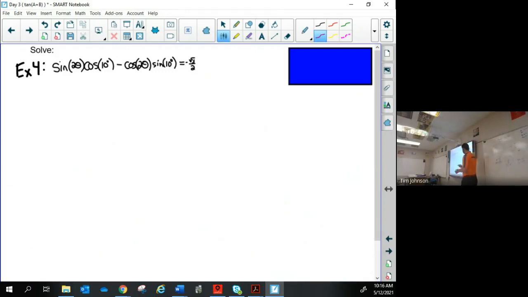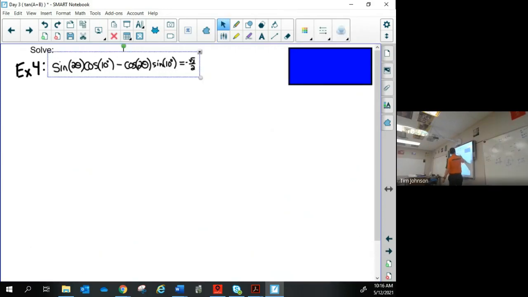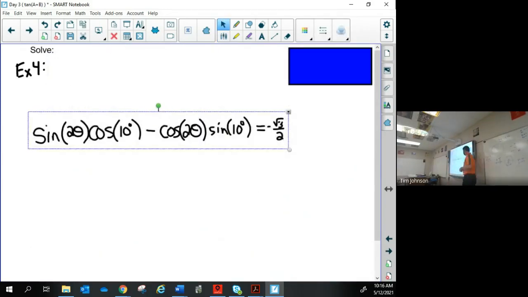Now, I'll make it a little bigger. That says sine of 2 theta times cosine of 10 degrees minus cosine of 2 theta times sine of 10 degrees equals negative square root of 3 over 2. You should have remembered doing some of these problems, but they didn't look as fun as this.